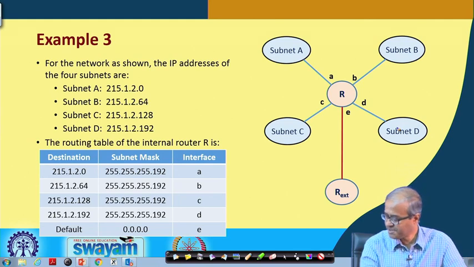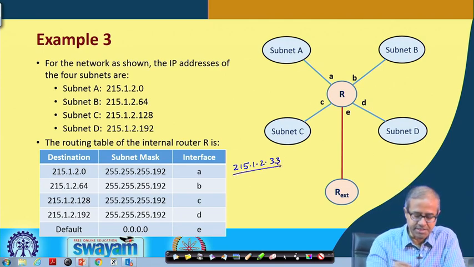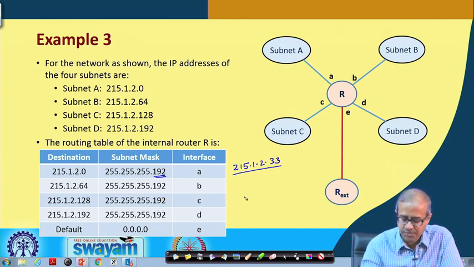So, the first IP address which is coming has the address 215.1.2.33. Let us make a check in this routing table one by one. The subnet mask of all of them is 192 in the last byte. What is 192? The first 2 bits are 1, the rest are all 0.